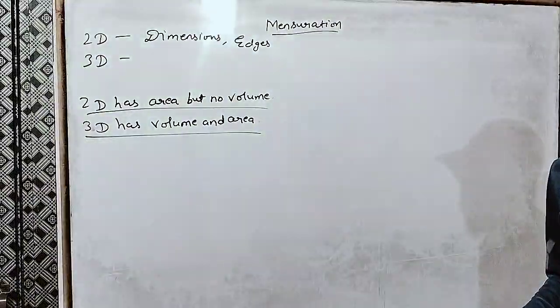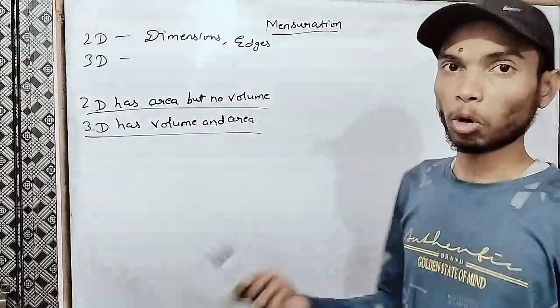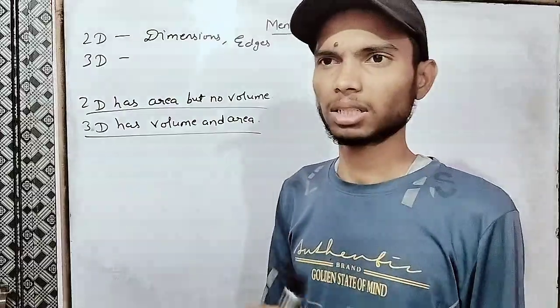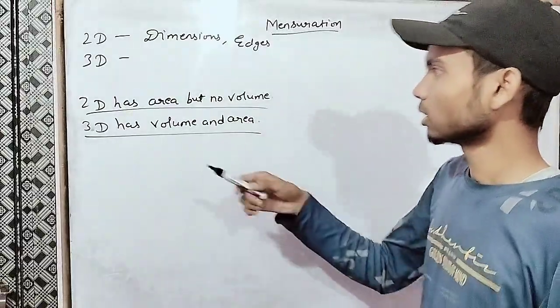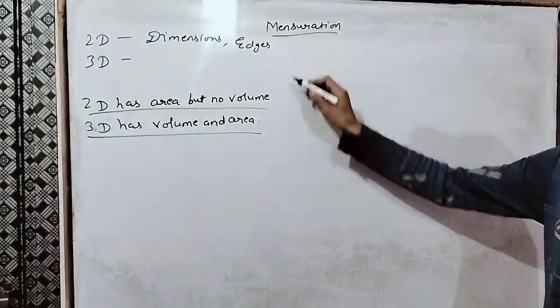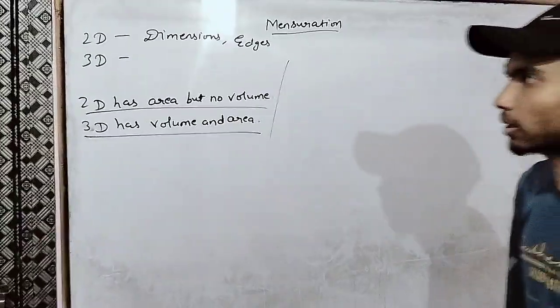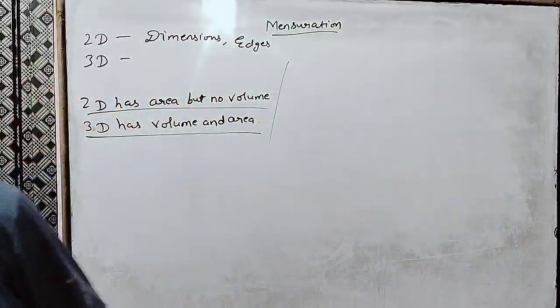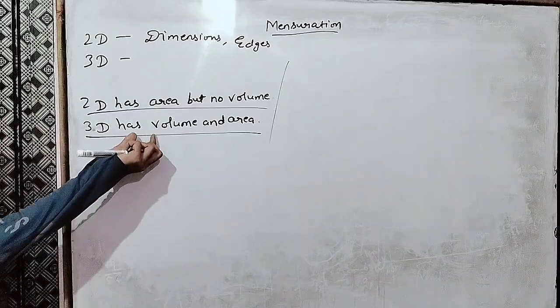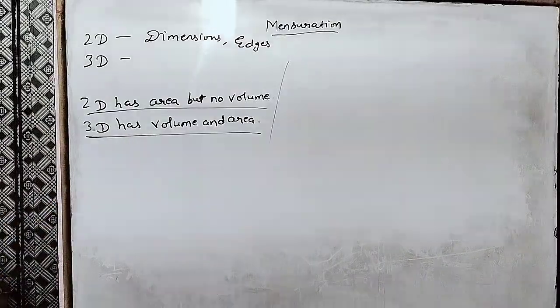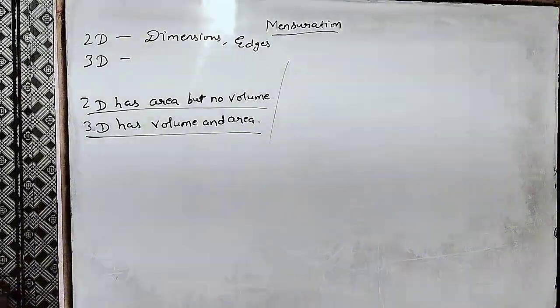Examples of 3D are cuboid, cube, and sphere. These are examples of 3D. Do you understand? I hope we are clear. Now you can understand these important lines. I am going to take the next topic.